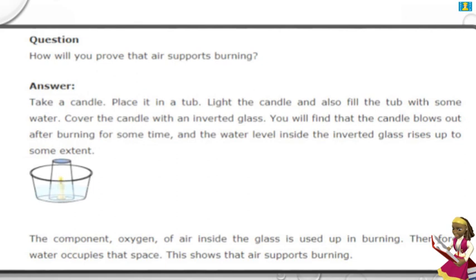You will find that the candle blows out after burning for some time, and the water level inside the inverted glass rises up to some extent. The component oxygen of air inside the glass is used up in burning. Therefore, water occupies that space. This shows that air supports burning.